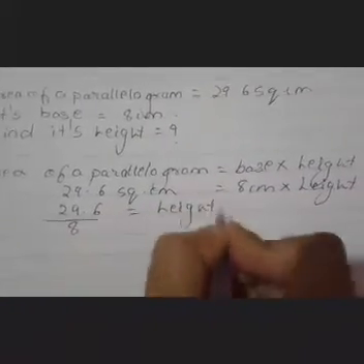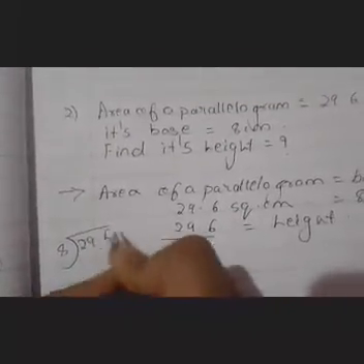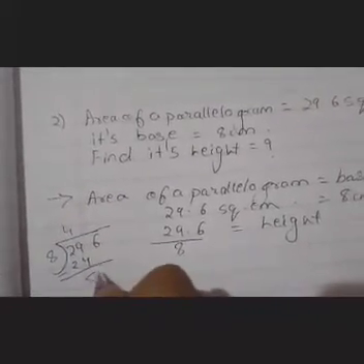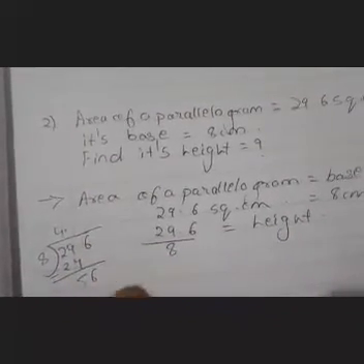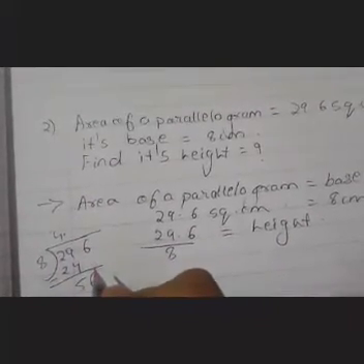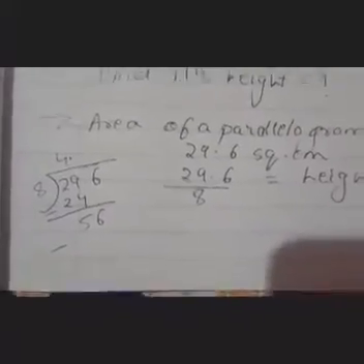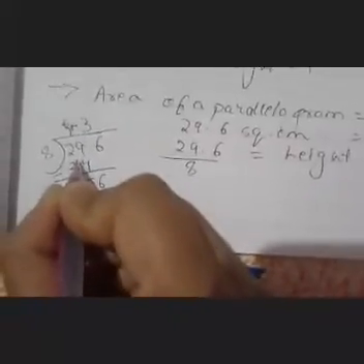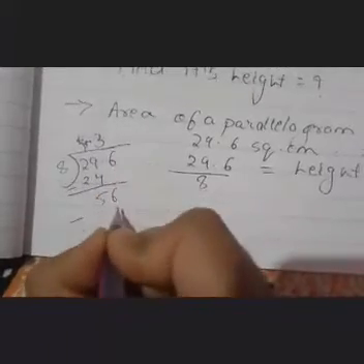Okay, so now tell me, when we divide 29.6 by 8, 8 fours are 24... what stays is 5, point here and stays is 6. Sorry students, there is a mistake. 8 threes are 24 and this will be 5 that is remaining, 6 carried.